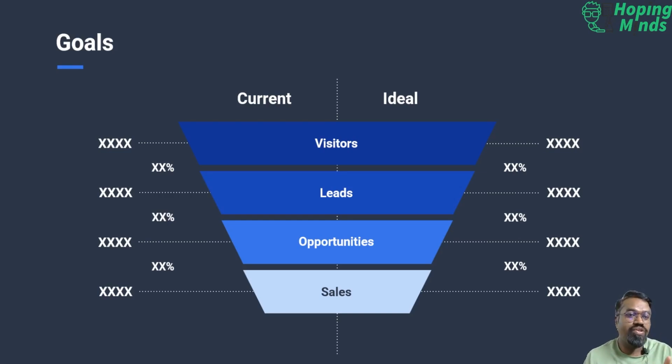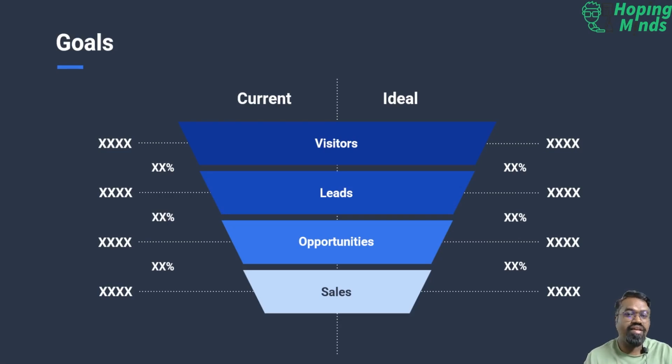Also, we need to make sure that we are putting the ideal number as per their goals, right? For example, if a business is earning, let's say, 10 lakhs in a month, and their goal is to reach 1 crore revenue in a month, and if the number of visitors is 10,000 on their website, then we need to make sure that their visitors increase to, let's say, 50,000, right?